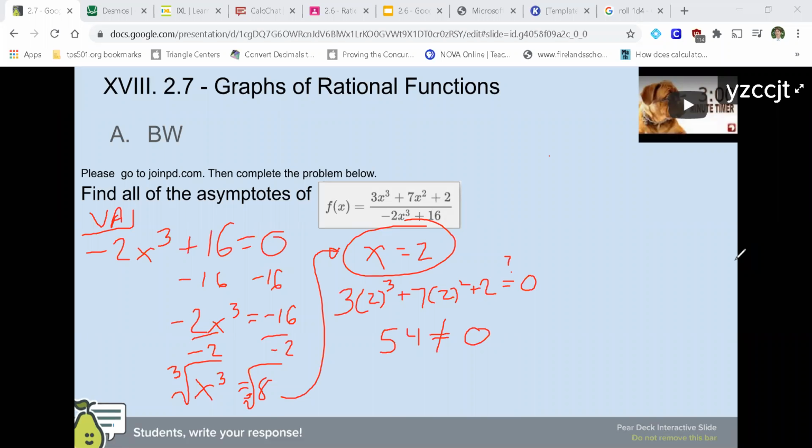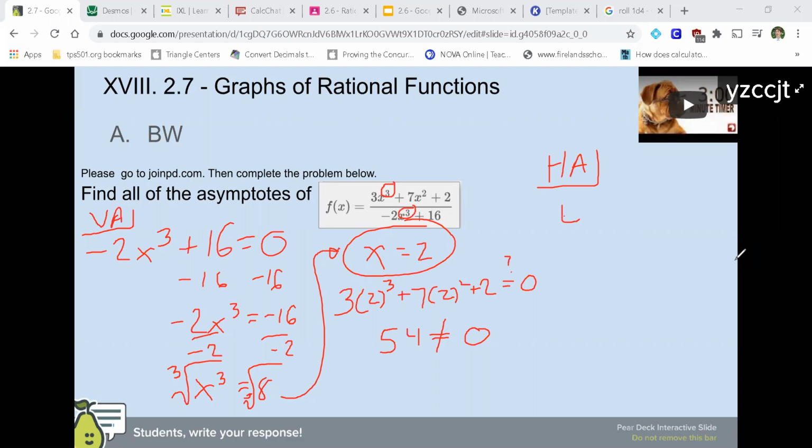All right, horizontal asymptote. To find the horizontal asymptote, what do I have to compare? Yeah, the degrees. What's the degree of the top? 3. What's the degree of the bottom? 3.